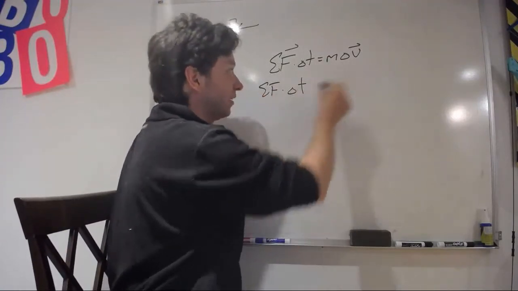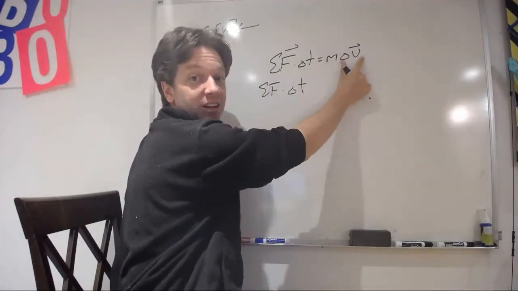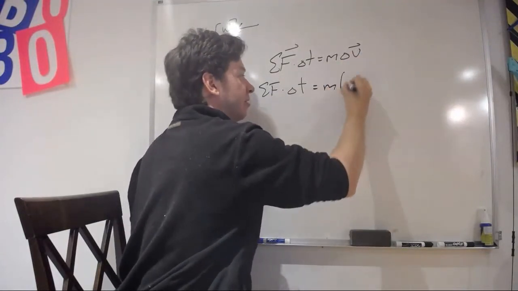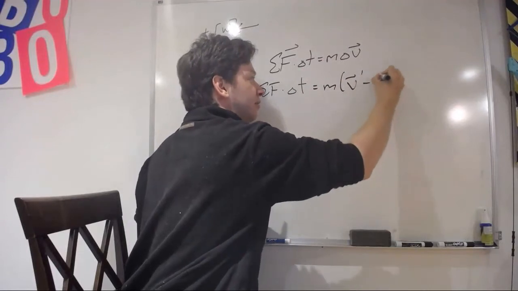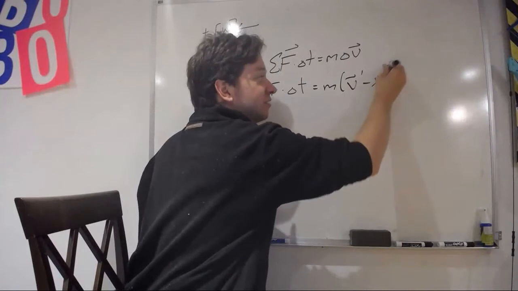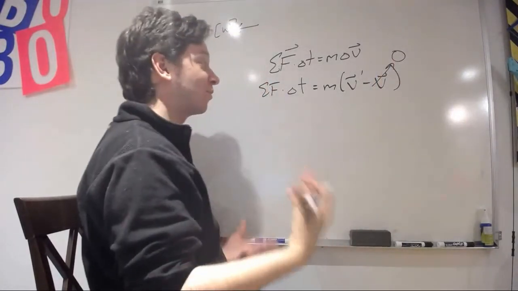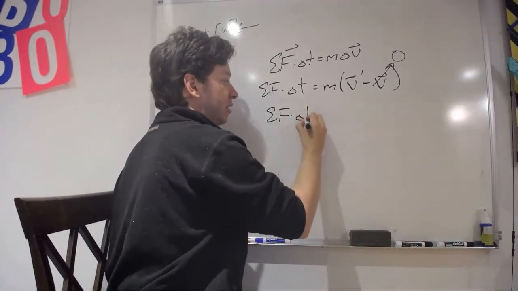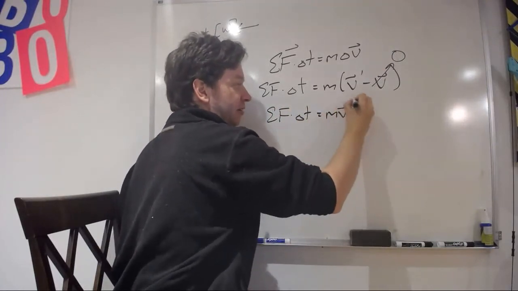This is very important. This is still change in velocity, not just v, delta v. And delta v is our final velocity minus our initial velocity. But in this case, they tell us the initial velocity is 0 because it started from rest. So we're left with force times time is mass times final velocity.